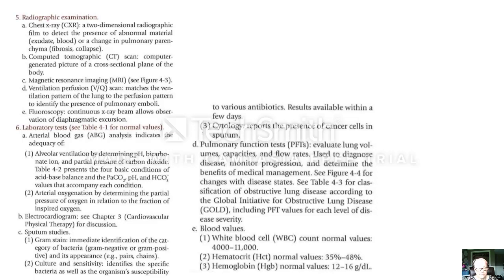Blood values. White blood cell count normal values are 4,000 to 11,000. Hematocrit normal values are 35% to 48%. Hemoglobin normal values are 12 to 16.